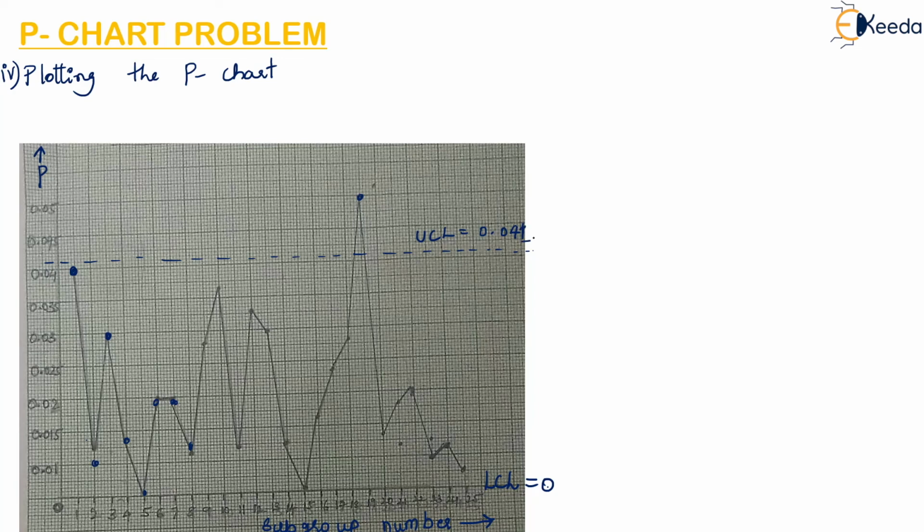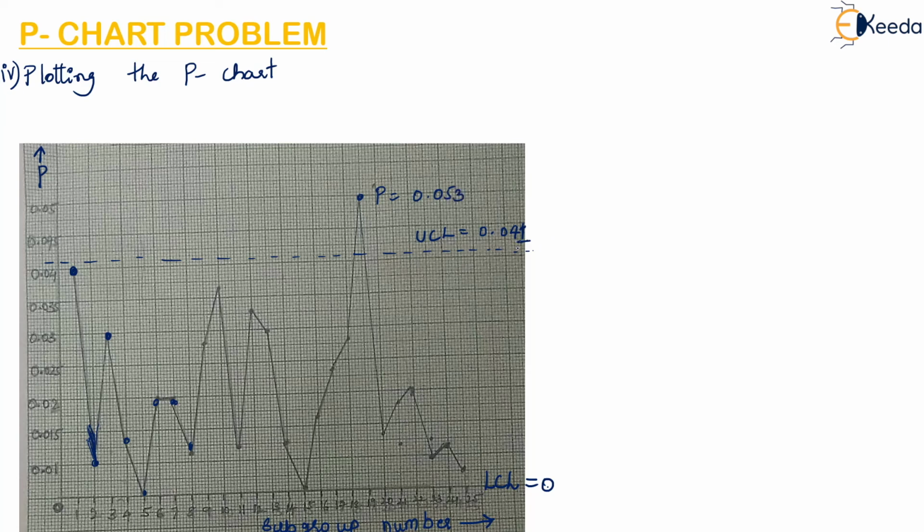So now after seeing the graph which we have plotted, we can say that this graph has a point above the control limit. So at point 19, we see that the p-value is 0.053, which is more than the upper control limit.